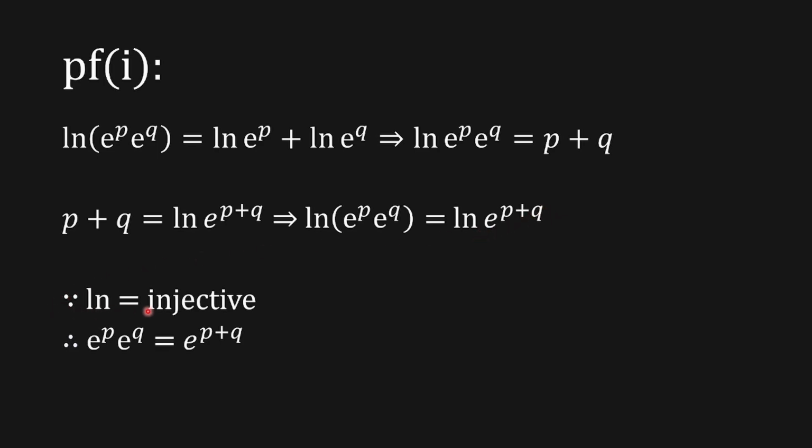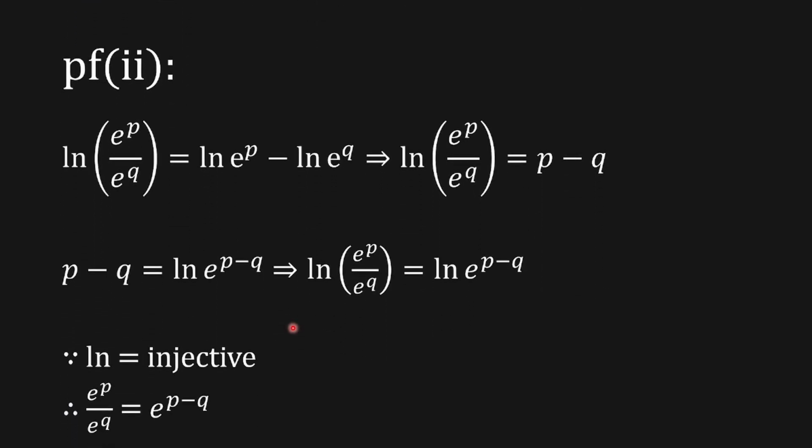Now, since ln is injective, every y value is unique for every x value. If this output value of ln is equal to this output value of ln, then their inputs must be equal, because this is an injective one-to-one function. If we're getting the same y value, we must be at the same x coordinate. So that means e to the p times e to the q is equal to e to the p plus q.